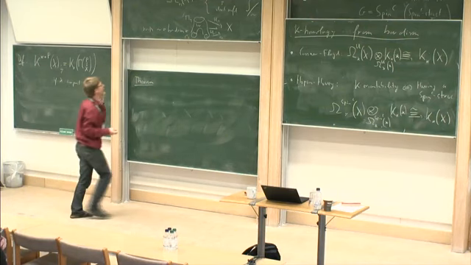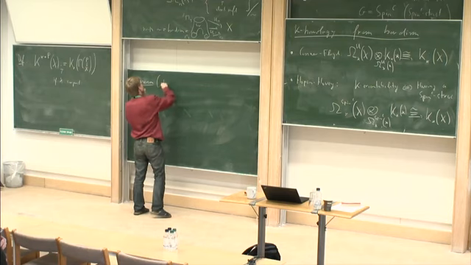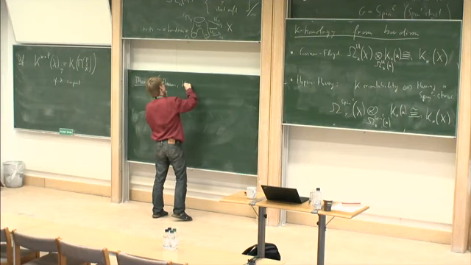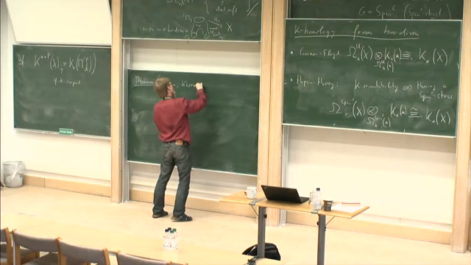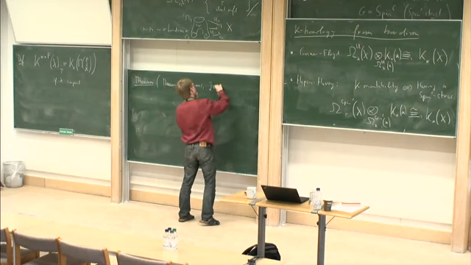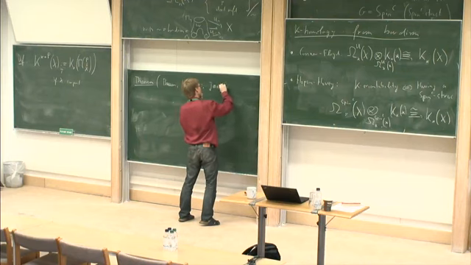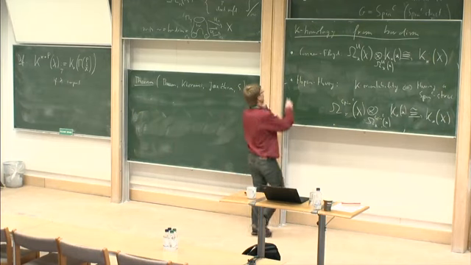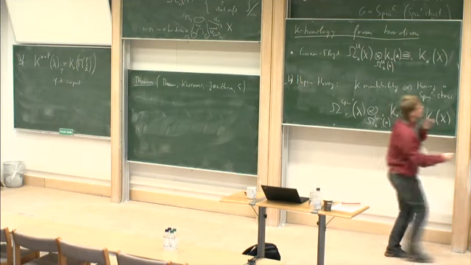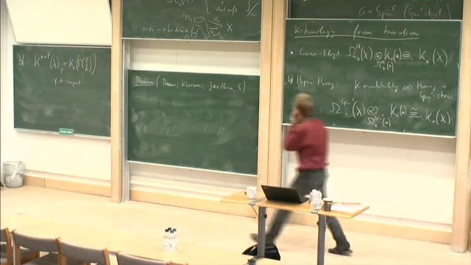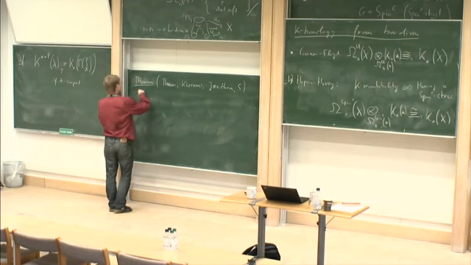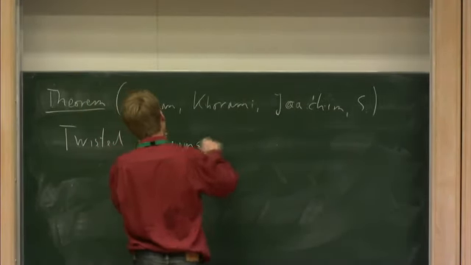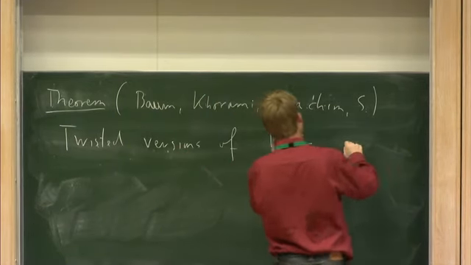What I'm after, together with Baum, maybe Carey, Joachim. Number this is B, and this is C. The other one is A. Twisted versions of B and C are true.